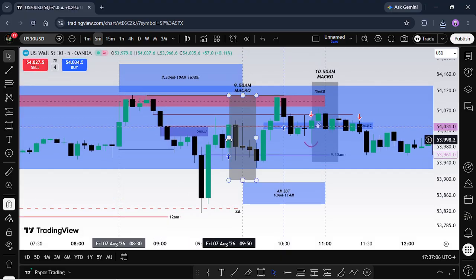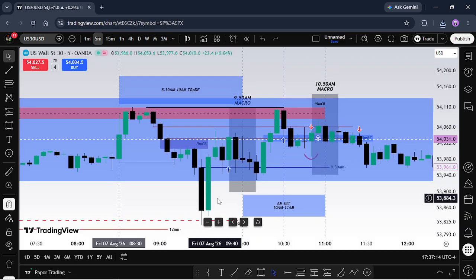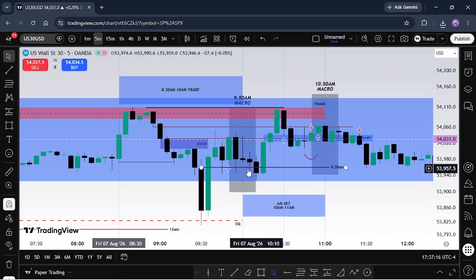Then 950 to 1010 didn't really do much, did it? They didn't take any. Oh, they only took these lows. Okay, so it went back here and took this low again. 930 low, 830 low.